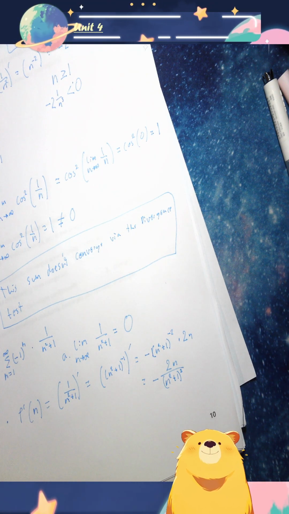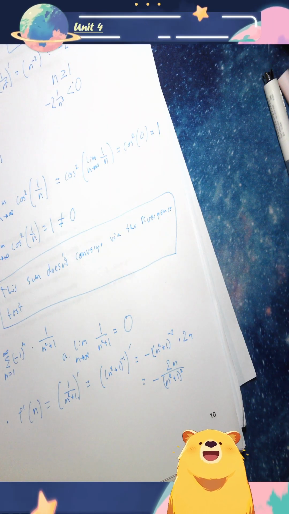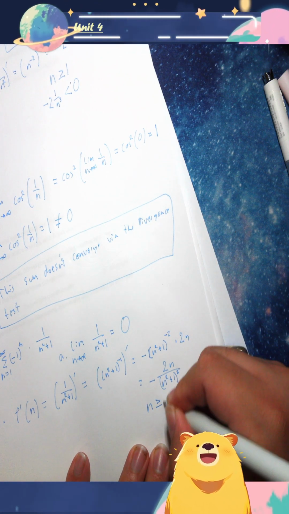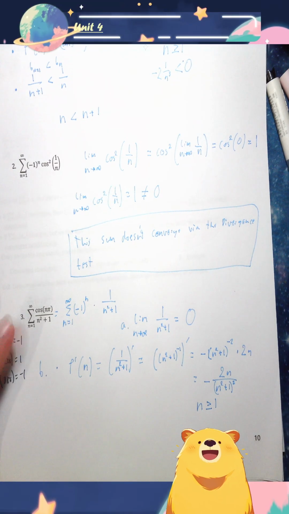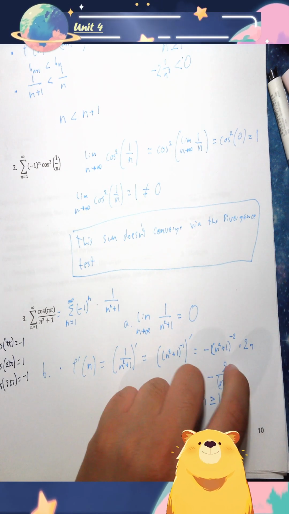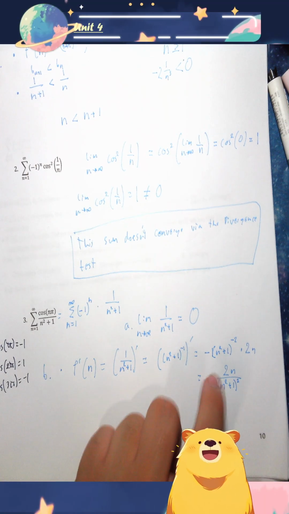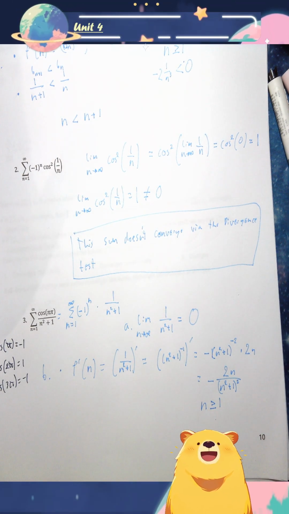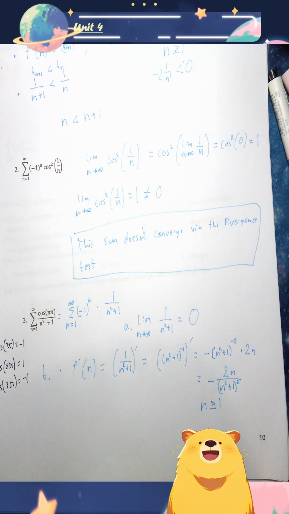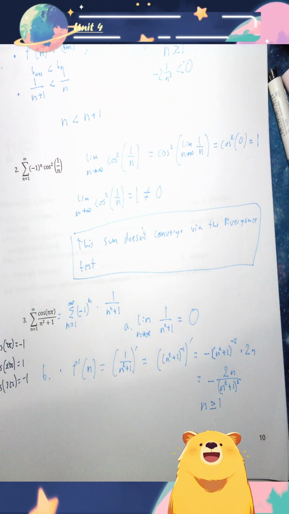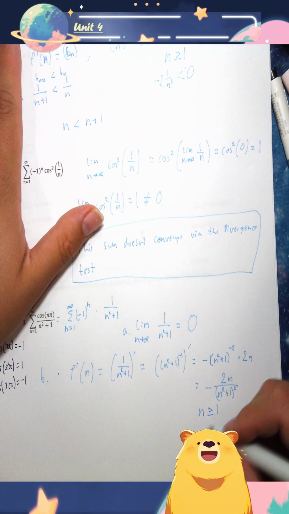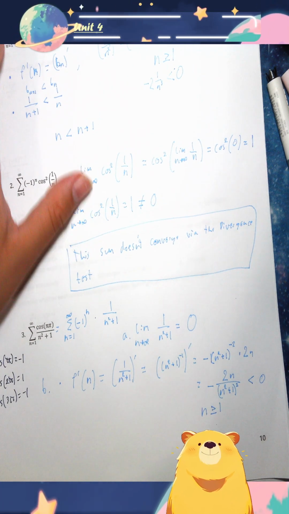Now from here, that is going to be negative because n is always greater than or equal to 1, because we're starting off at that part of the series. And that bottom term is squared, so it will always be positive, and that guy is our only negative term. So we have one negative term and two positive terms combining via multiplication and division. Therefore, this will always be negative.